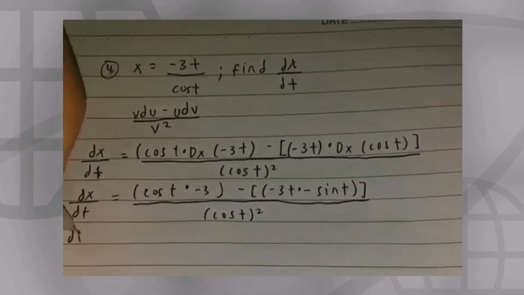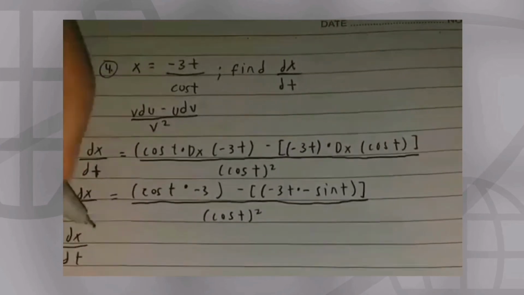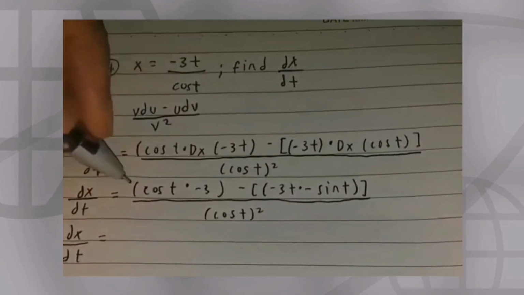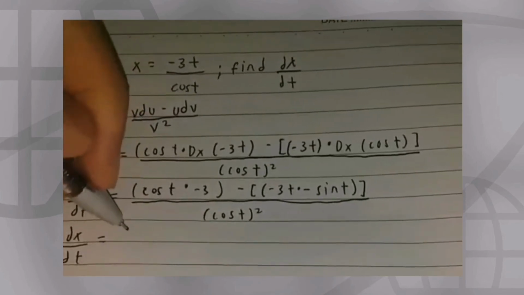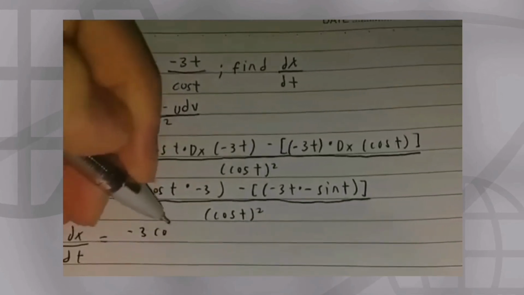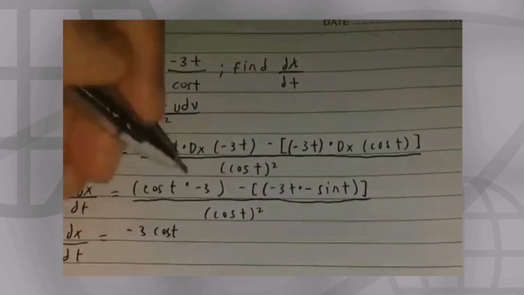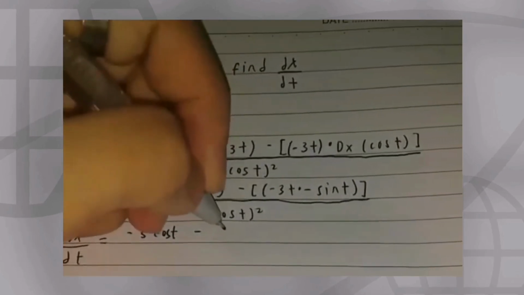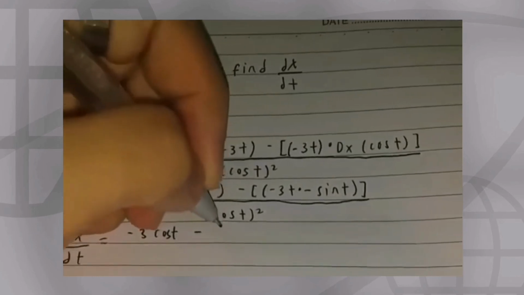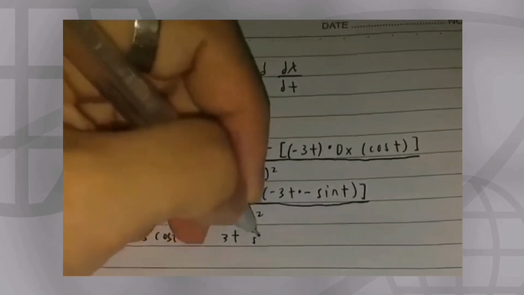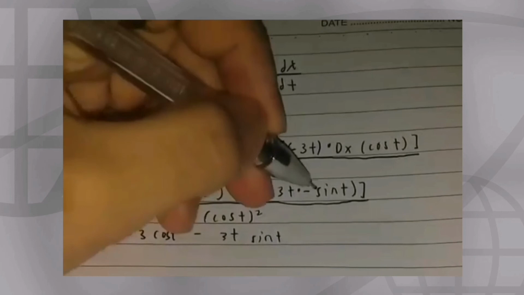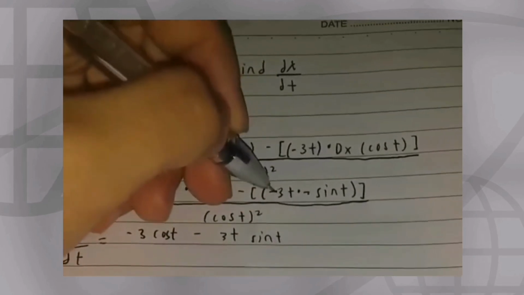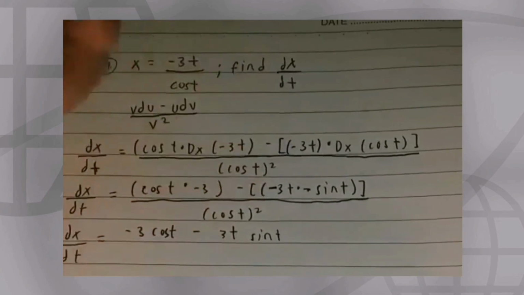Next, we move the negative 3 here, so it will be negative 3 cos t minus negative 3t sin t, and this will become positive because negative times negative is positive.